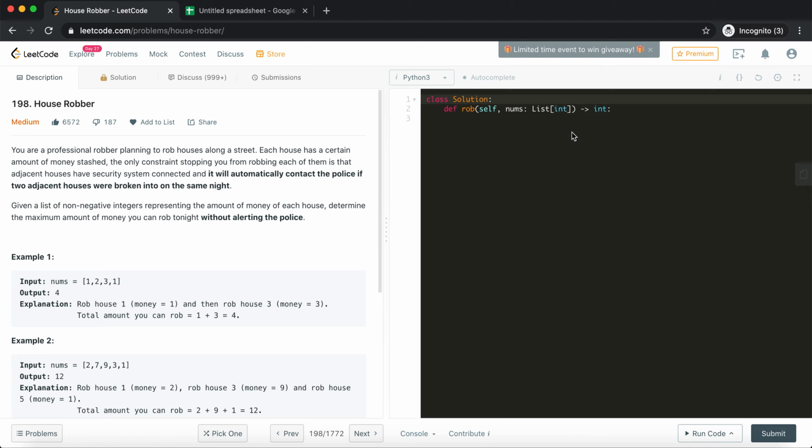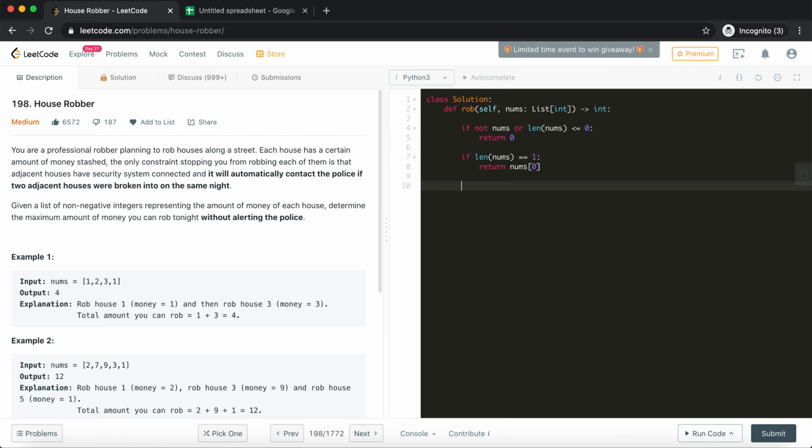So let's start coding this problem. Firstly, if we have no houses, then we cannot have any profit, so we'll return 0. Another special case: if we have just a single house, then we'll return that amount, because that's the amount we can rob.